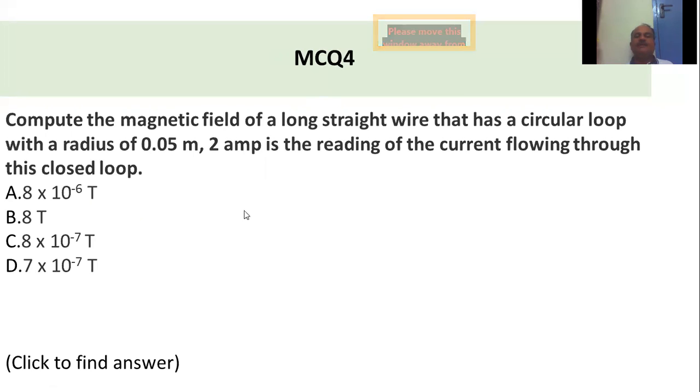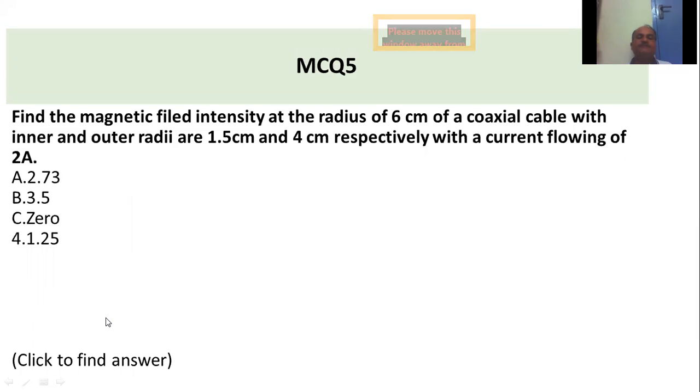Compute the magnetic field of a long straight wire that has a circular loop with a radius of this, and 2 ampere is the reading of the current flowing through this closed loop. So these are the options. So it is the case of magnetic field due to a straight wire. It is a straightforward problem, and it gives a value of magnetic field equal to 8 into 10 power minus 6 Tesla. T is the unit of magnetic field.